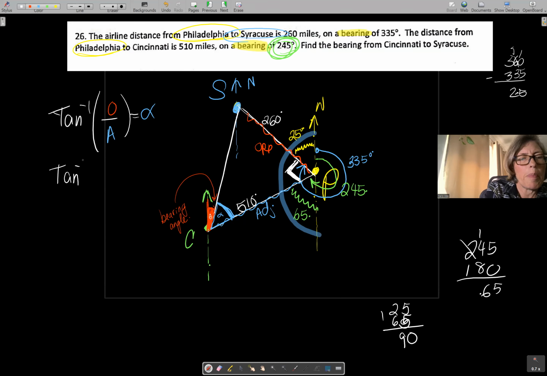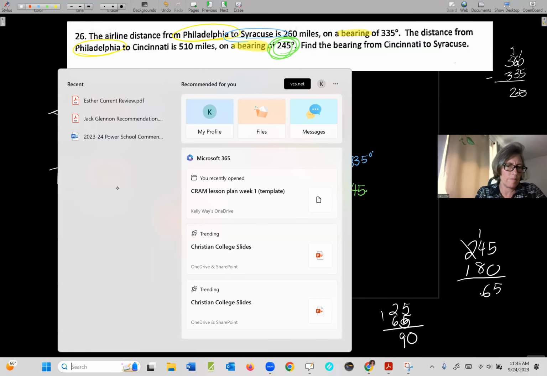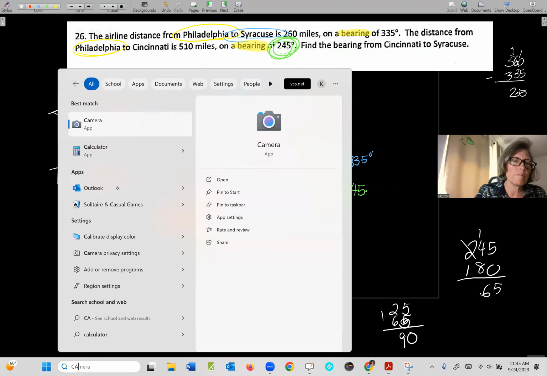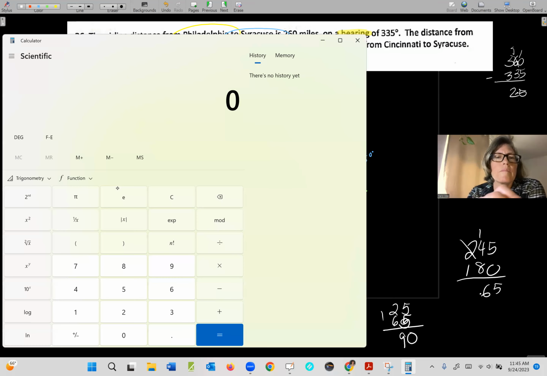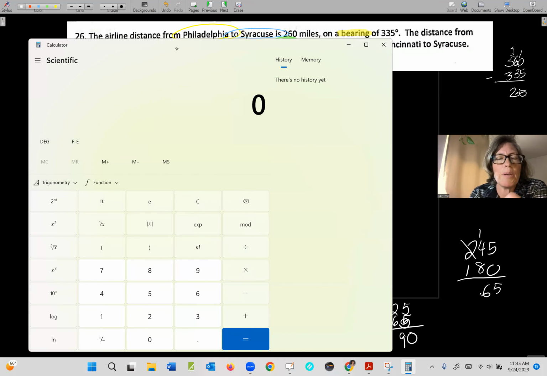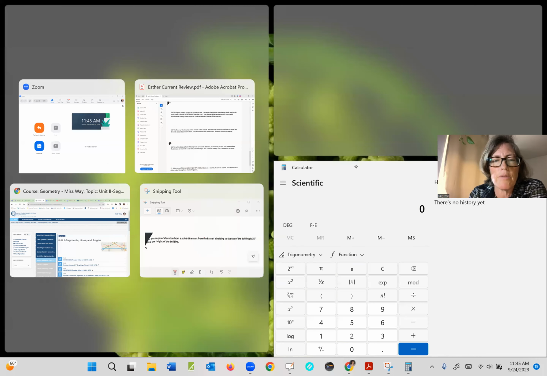Inverse tan, our opposite is 216, our adjacent is 510. That's going to give us our angle alpha. Because this requires another step, I'm going to take it there. So it's inverse tan of 216 and 510.